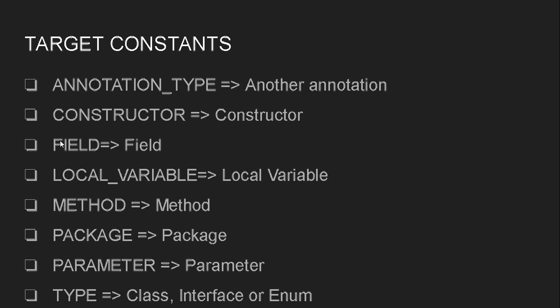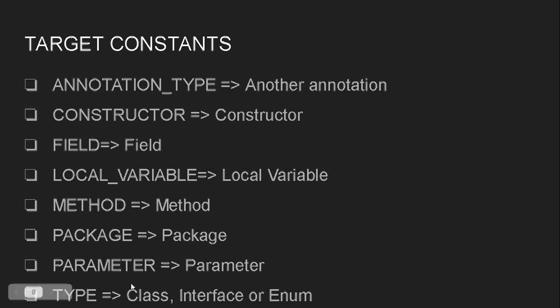If I'm talking about field, then the target is a field. LOCAL_VARIABLE is going to target a local variable. The same applies for METHOD, PACKAGE, PARAMETER. And the target constant TYPE refers to a class, interface, or enum.